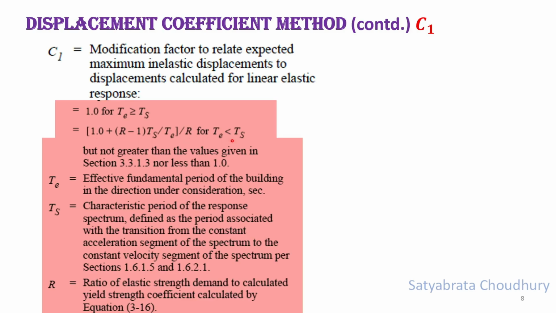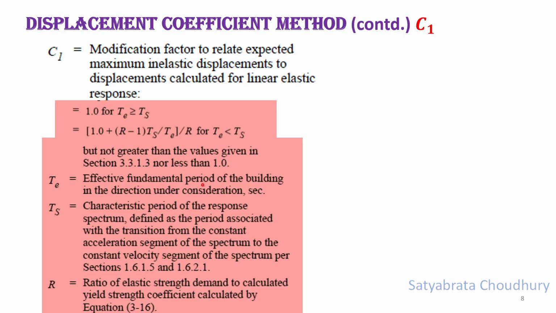T we have discussed, and we shall discuss it further through a diagram, and Ts is called the characteristic time period. This is the time period where the horizontal arm of the design spectrum is meeting the parabolic arm of the design spectrum, that corner. This is also known as the corner period or the characteristic period.